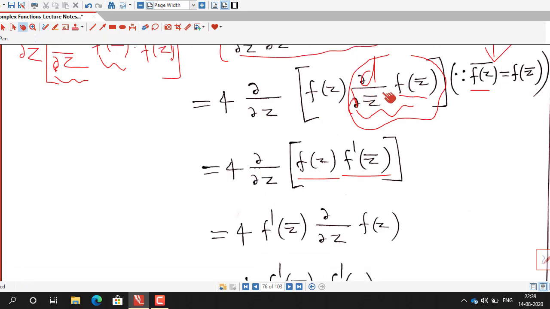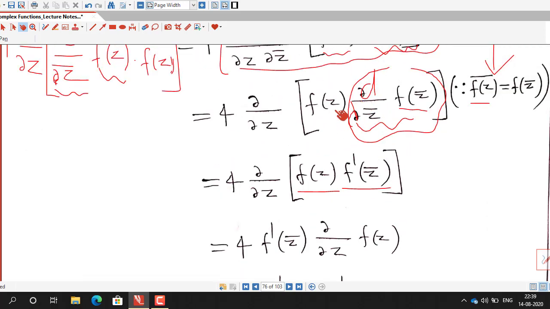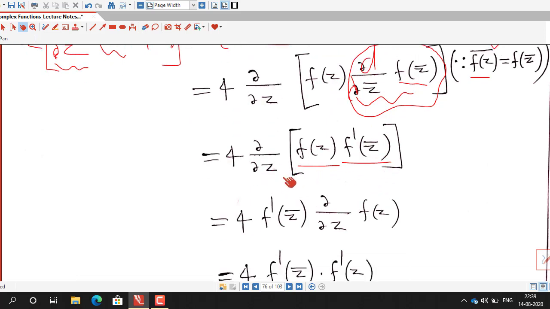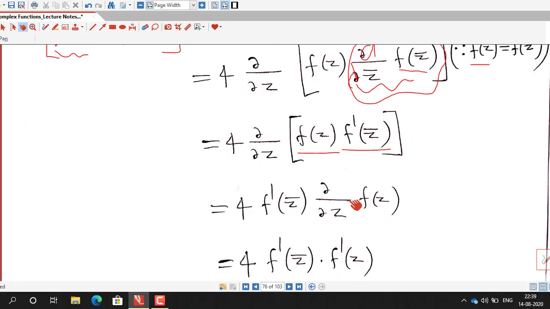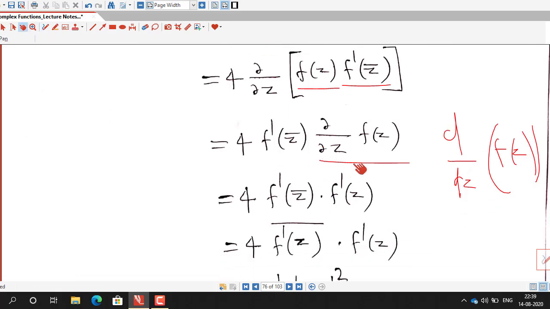This is the simplification of the first derivative. Now if we consider this, we have written it as f of z into f dash z bar. Now suppose I want to consider partial derivative with respect to z, then in f dash z bar there is no z, so it stays outside, and we have del by del z of f of z, but f is a function of only one variable, so instead of del by del z we will write d by dz of f of z, that we can rewrite as f dash of z.